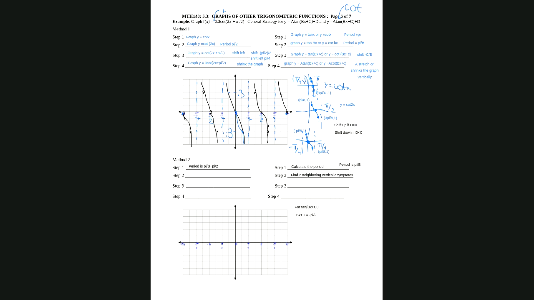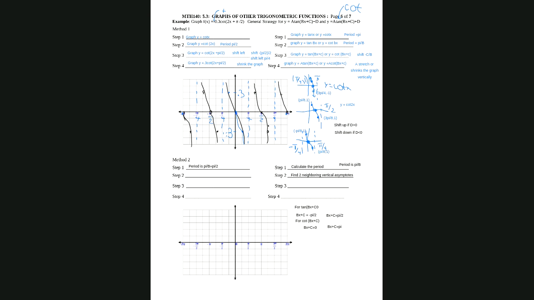That's how we can find the vertical asymptotes. For cotangent of bx plus c, we would do bx plus c equals 0, and bx plus c equals pi. Okay.